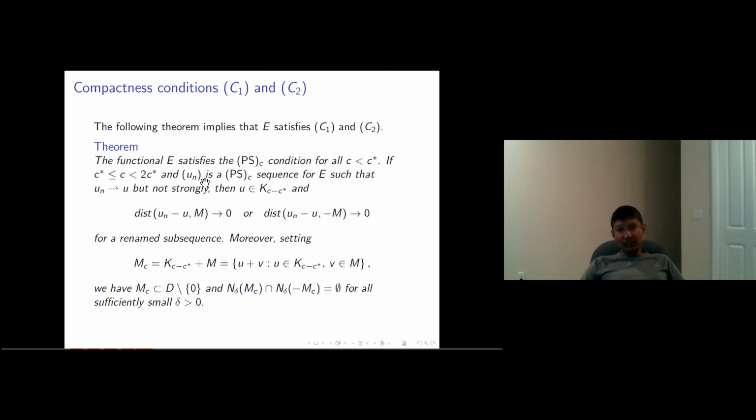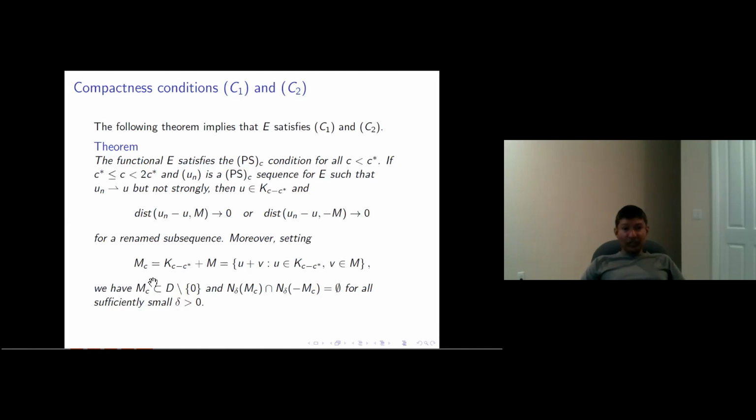Then if you take any PS C sequence that converges weakly but not strongly, then the weak limit belongs to the set of critical points at the reduced level C minus C star, and the distance from un minus u to M goes to 0, or distance from un minus u to negative M goes to 0 for a renamed subsequence. In other words, un minus u either goes to M or to negative M.